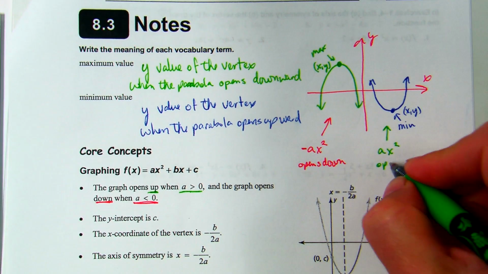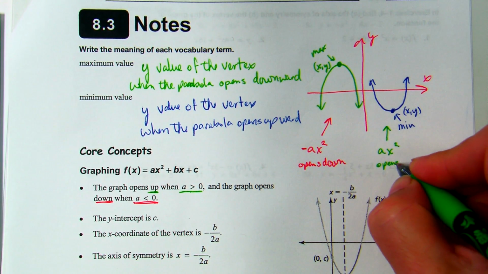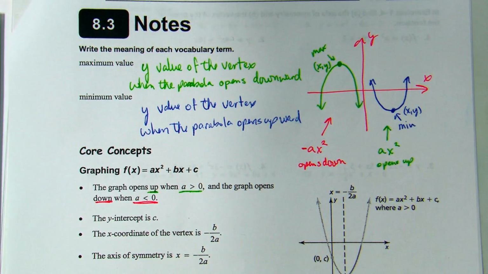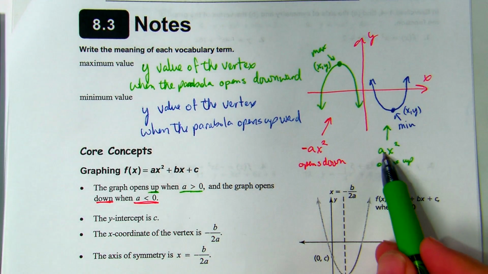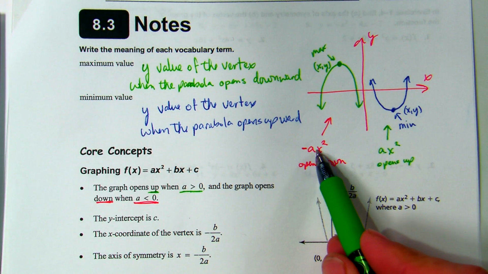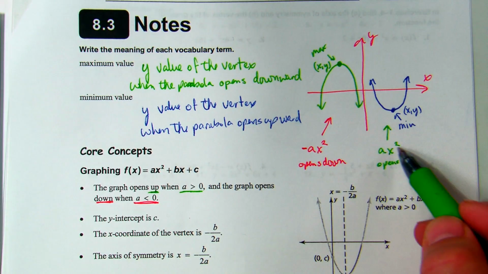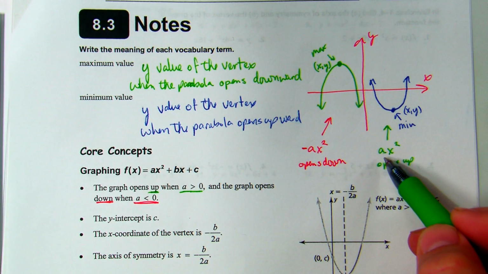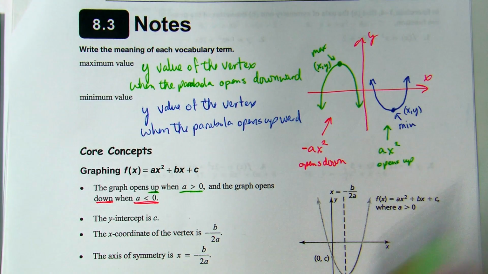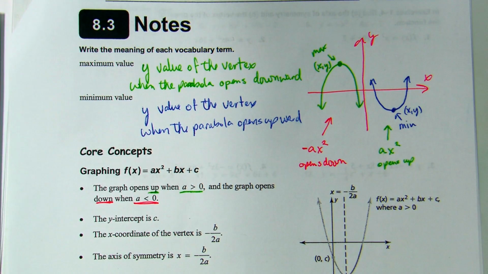And every time a is positive, we know that this opens up. Okay? So you can find out just by looking at the sign in front of the x squared. If it's a negative sign, we know that it's going to open downward. If it's a positive sign in front of x squared, we know that it's going to open upward. Okay? So those are some real quick tips that you can notice about quadratics whenever you're trying to find out if it leads with a negative or if it leads with a positive on the x squared term.